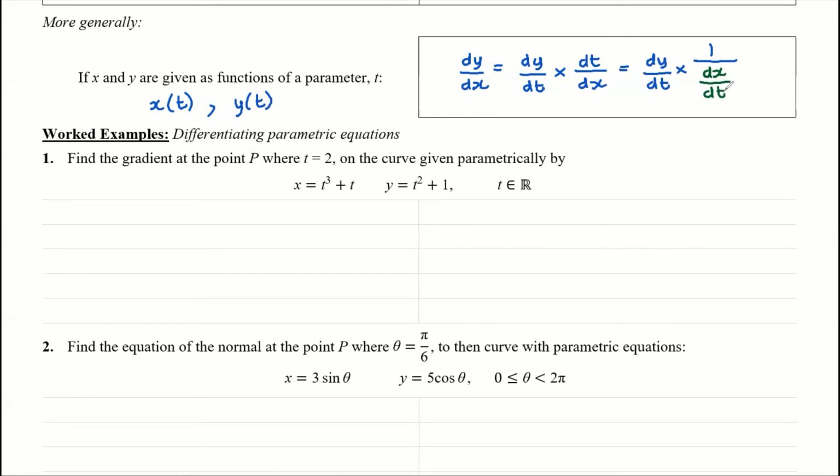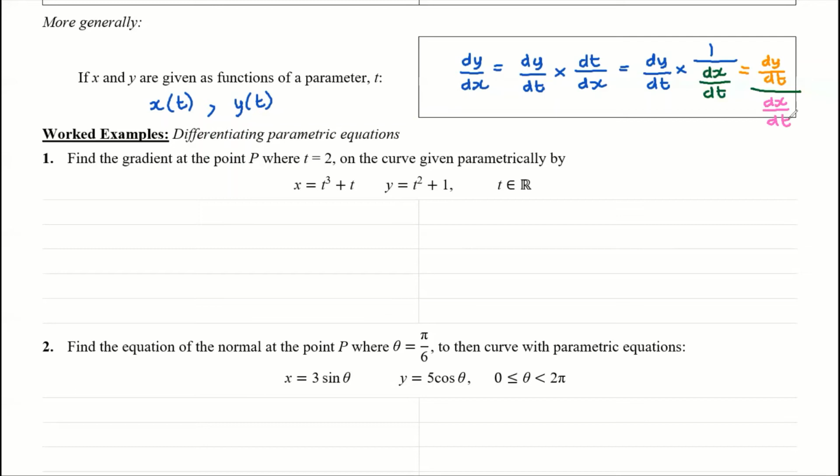And even further, you could even say, and perhaps this makes even more sense, I don't know, this would be equal to dy by dt divided by dx by dt. Okay, they are all equivalent statements.